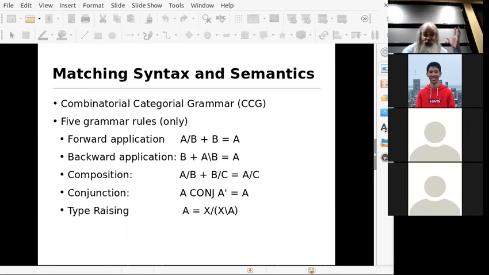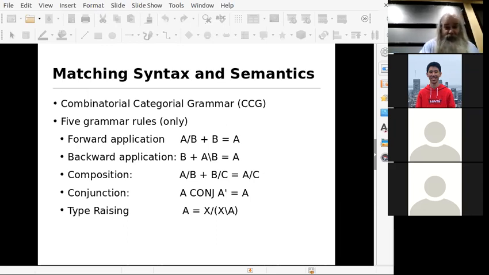The cost of doing this is that you make the lexical entries much more complex. In a standard context-free grammar you just have part-of-speech tags at the bottom, but here you end up with complex things like S/NP at the bottom.